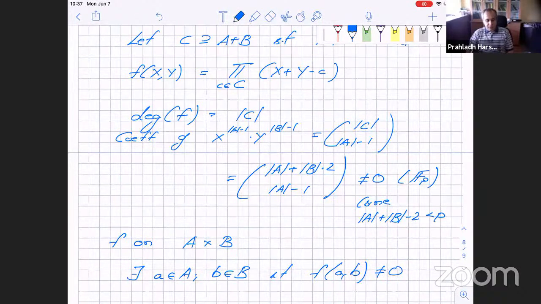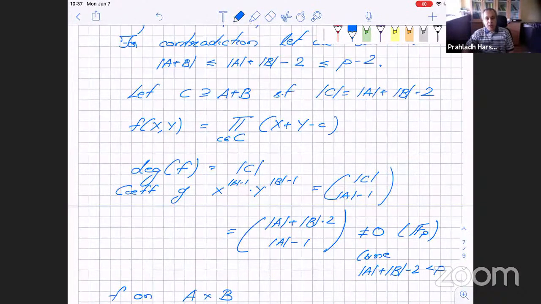But this violates the assumption, because I'm saying that C contains all possible sums. If it had contained all possible sums, f(a,b) had to be 0 for every point on the grid.